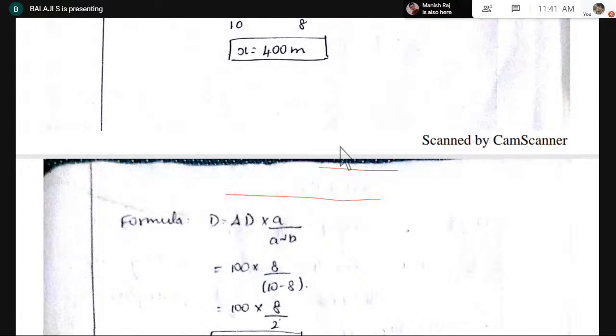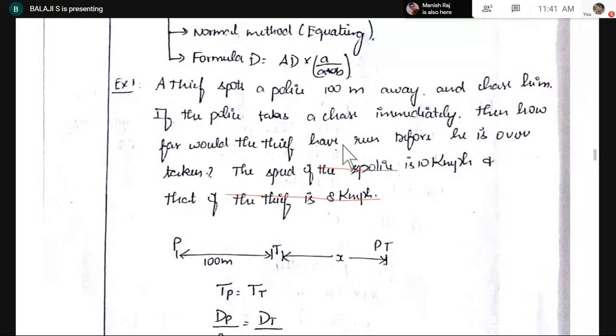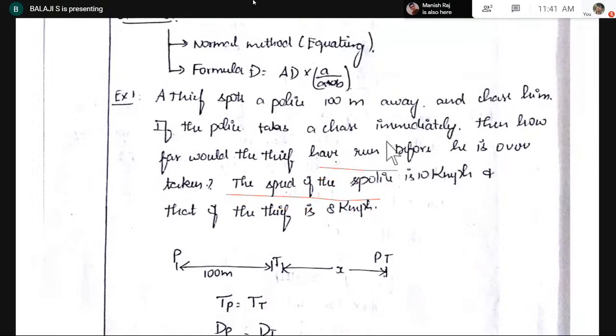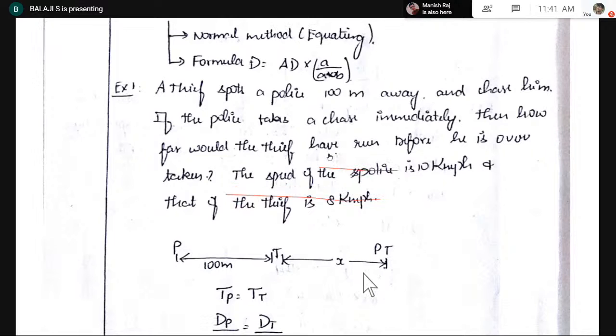See, the important thing I said in this question is, remember, read the question. How far has the thief run before he is overtaken by the police? The question is on the thief. If the question is on the thief, we must find only this distance, the distance traveled by the thief.